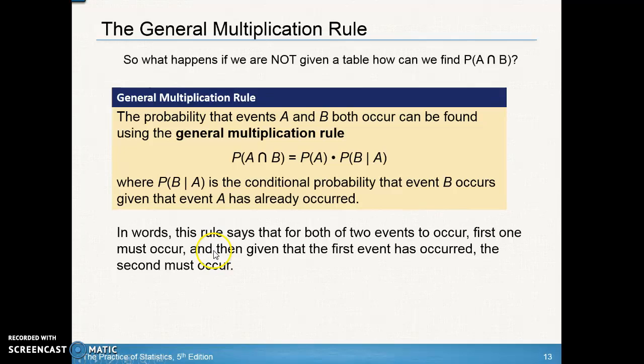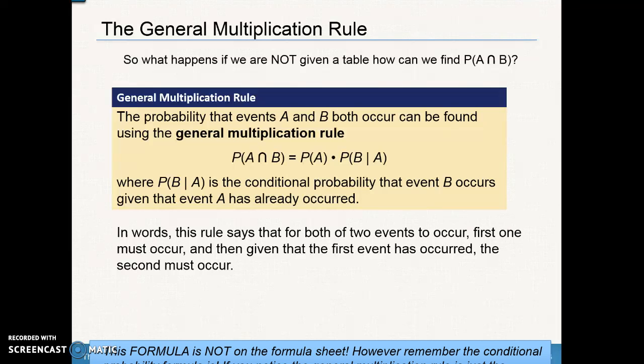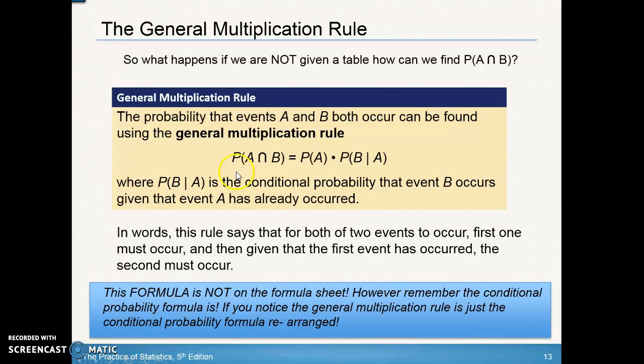All right, so in other words, this rule says that for both of two events to occur, the first one must occur. Then, given that the first one has already occurred, the second must occur. And that means that these are not necessarily independent events. So you might be saying to yourself, hey, wait a second, this formula looks pretty familiar. This formula is not on the AP formula sheet.